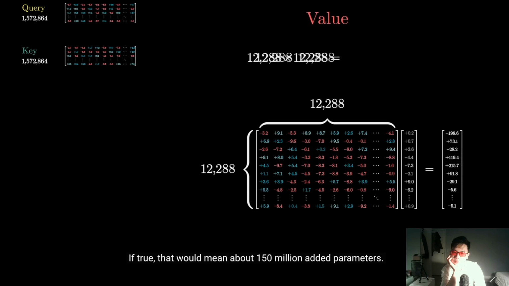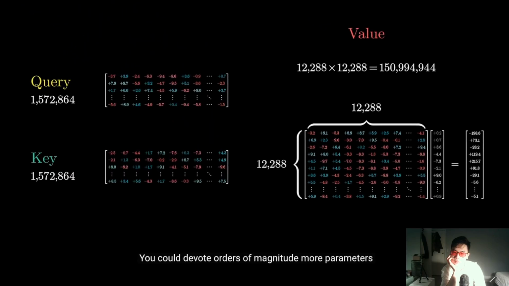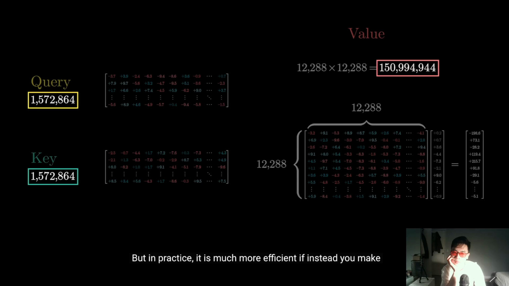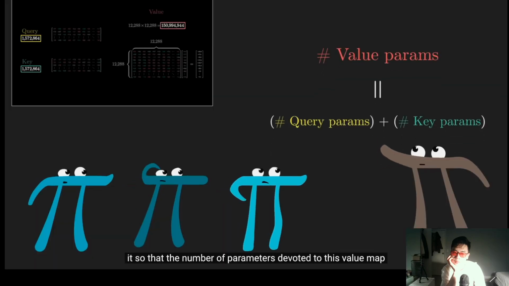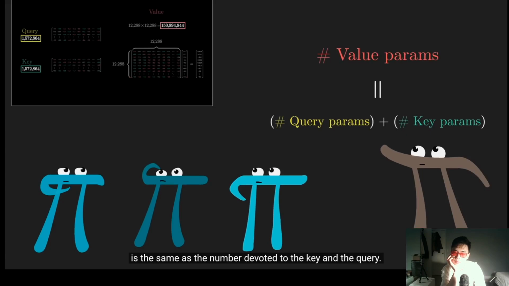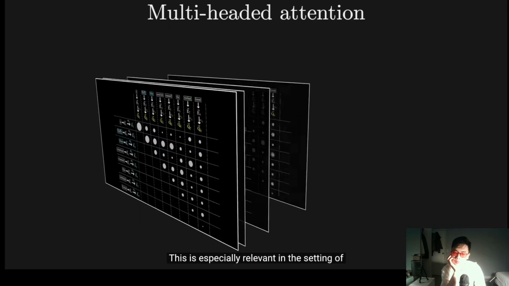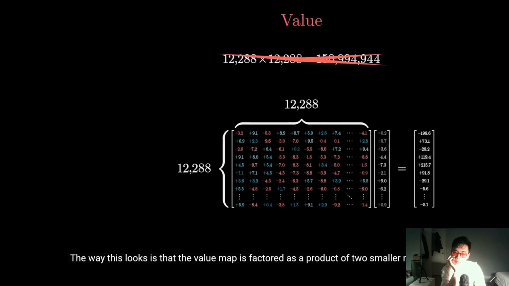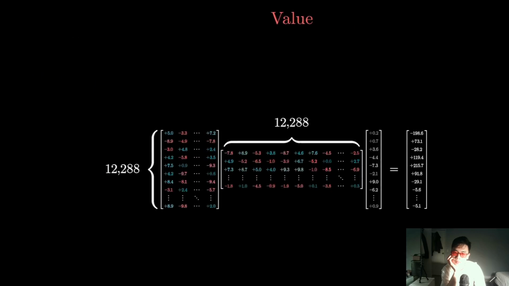If true, that would mean about 150 million added parameters. And to be clear, you could do that. You could devote orders of magnitude more parameters to the value map than to the key and query. But in practice, it is much more efficient if instead you make it so that the number of parameters devoted to this value map is the same as the number devoted to the key and the query. This is especially relevant in the setting of running multiple attention heads in parallel. The way this looks is that the value map is factored as a product of two smaller matrices.